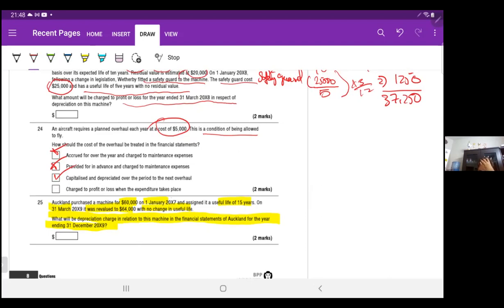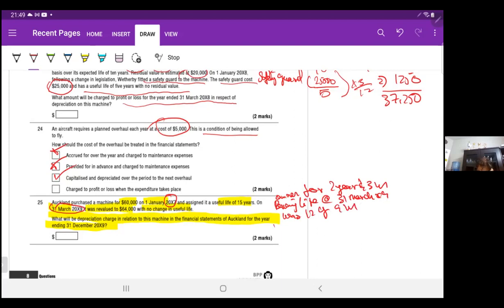From 20X7 till 31st March 20X9, the machine has been owned for 2 years and 3 months. So the remaining useful life at 31st March 20X9 was 12 years and 9 months.